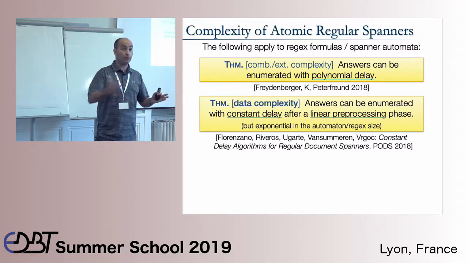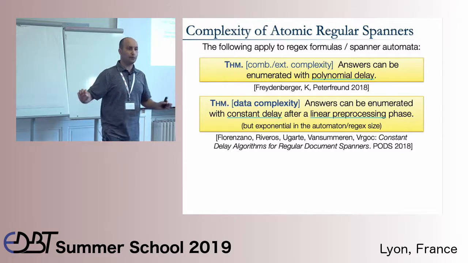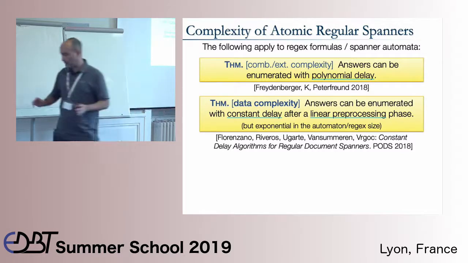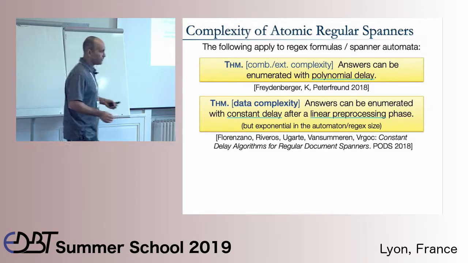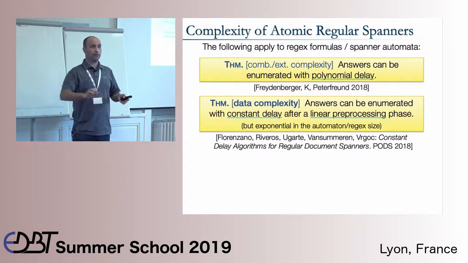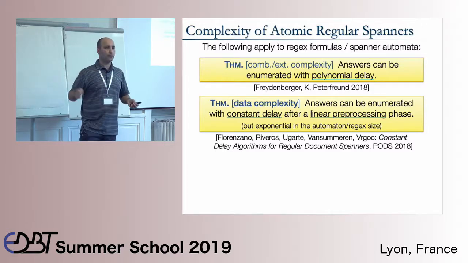You can enumerate with constant delay between the answers after a linear preprocessing. So it basically means that the time it takes to evaluate a spanner is the time that it takes to read the string and then just writing down the answers.